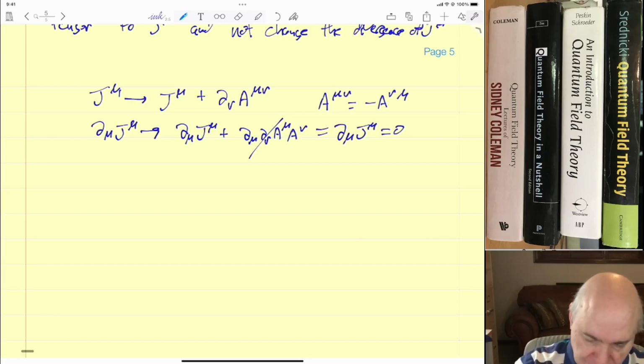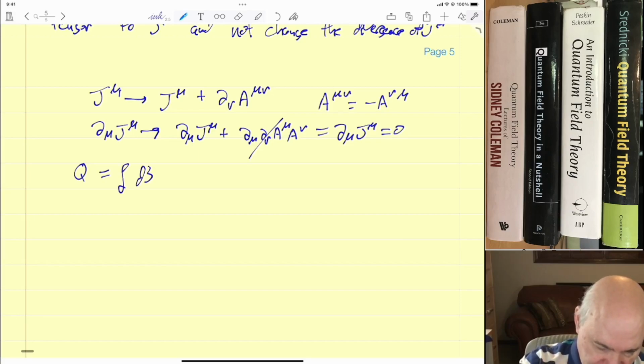So, by the way, the charge Q also remains unchanged, because Q is equal to the integral of d3x j0, which goes to the integral of d3x j0 plus the partial of i a0i.